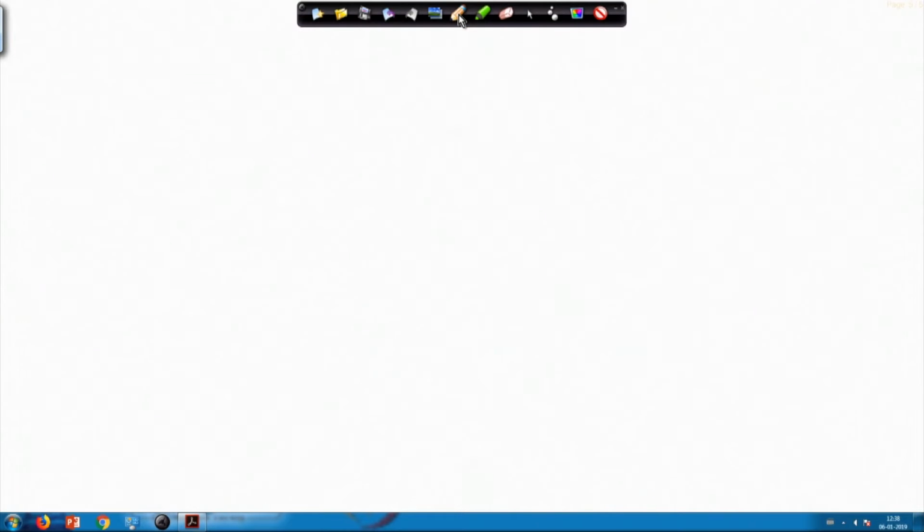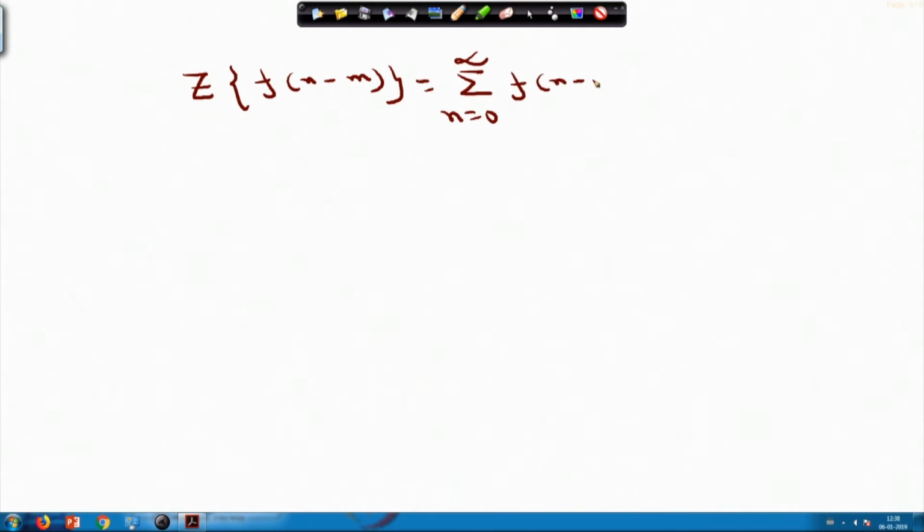For the first part, the Z transform of f of n minus m equals summation n equals 0 to infinity f of n minus m into z to the power minus n, where m is greater than or equal to 0, which we are assuming.